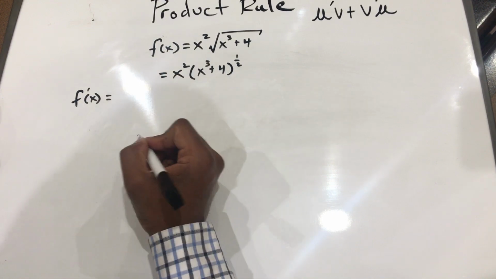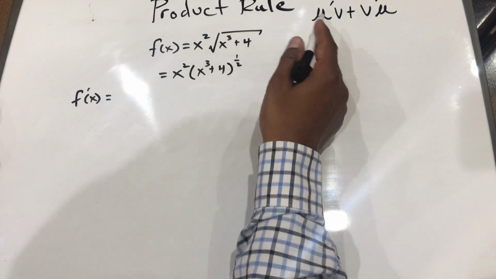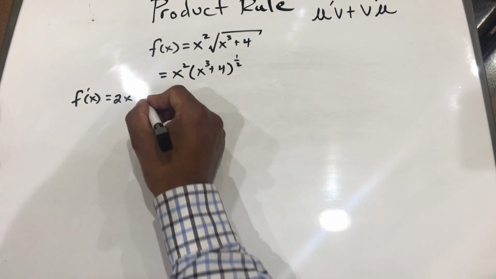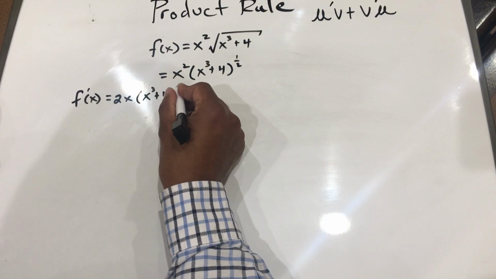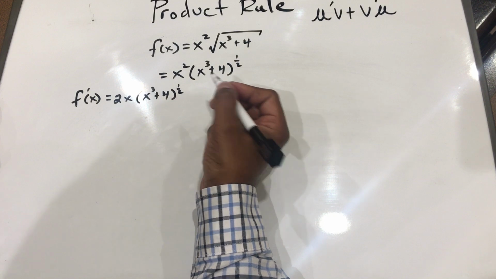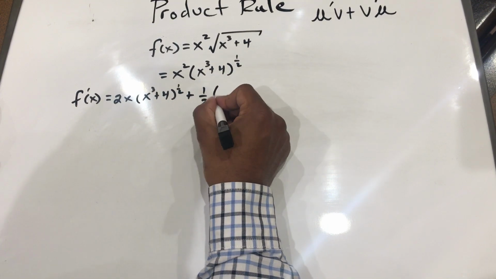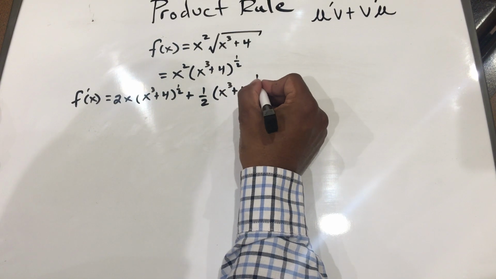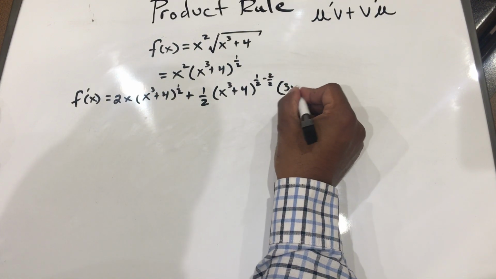F prime of x equals. So let's start our derivative. The derivative of x squared, which is our u prime, is 2x, v, 1/2, nothing's changed, plus v prime, 1/2 x cubed plus 4 to the 1/2 minus 1 times 3x squared.